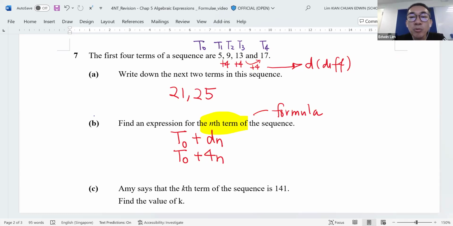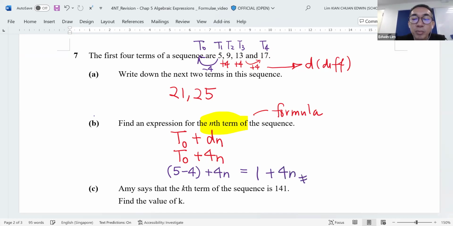As we move to the next term, you realize we plus 4. But what happens if we go back? In this case, we need to minus 4. So term 0 is what we can find by using term 1 minus the difference. So 5 minus 4, I'll get 1, right? So I just write down this. So this will be my n term formula.